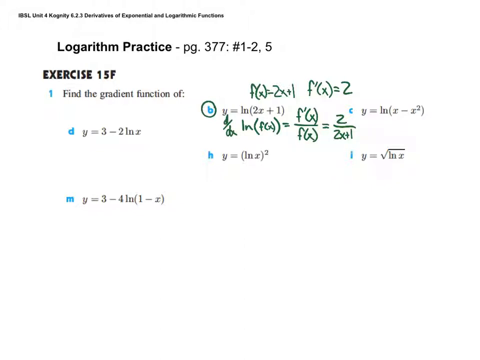Tangent is that inside function, which in our notation for this rule was the f of x. So what's f prime of x? Derivative of tangent is secant squared x.